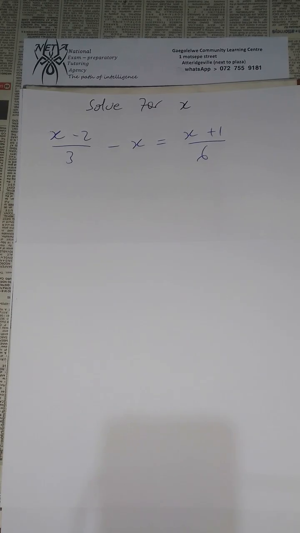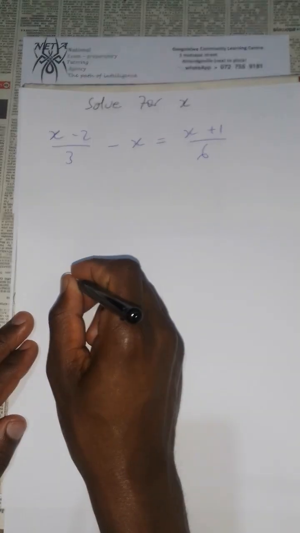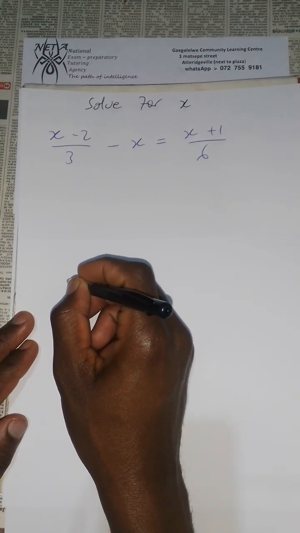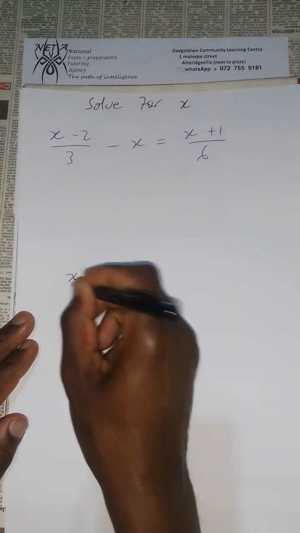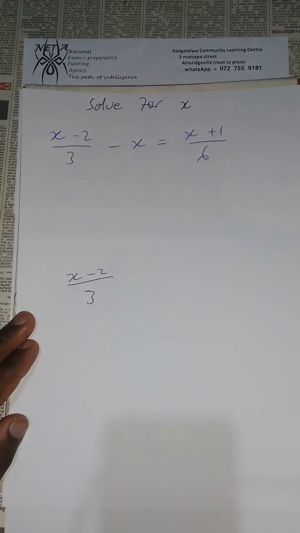Now let us get into the task at hand. The first thing that has to be done, the trajectory that we have to follow, is that we have to dissolve our fractions. Let me show you how we have to do it.